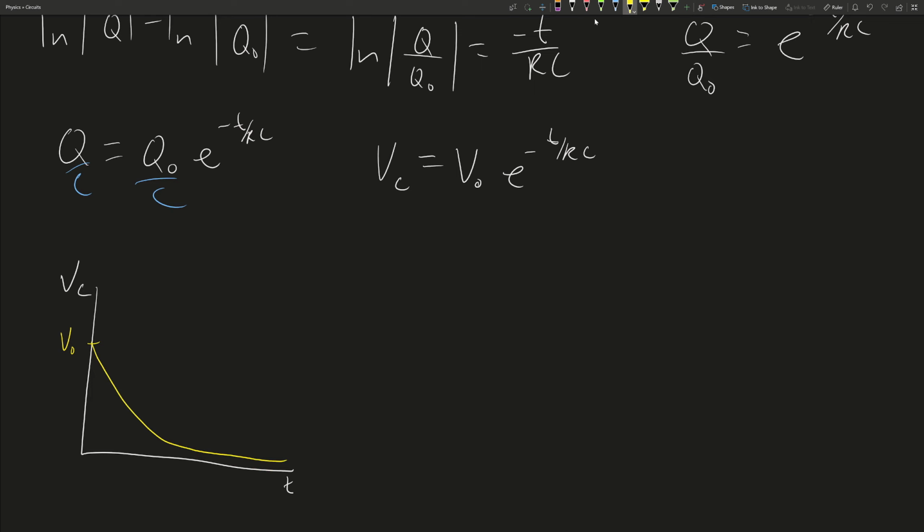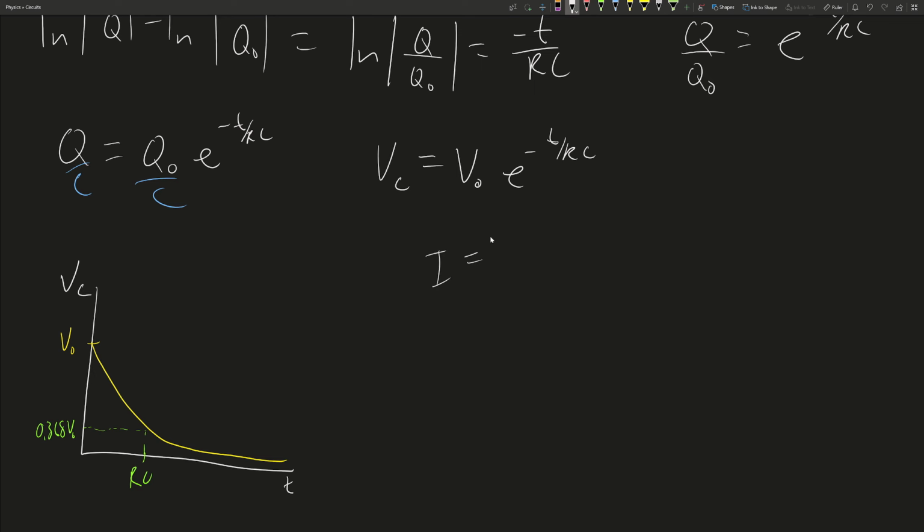And same thing with RC time constants: after one time constant worth of time, this will reach around 0.368 V0.